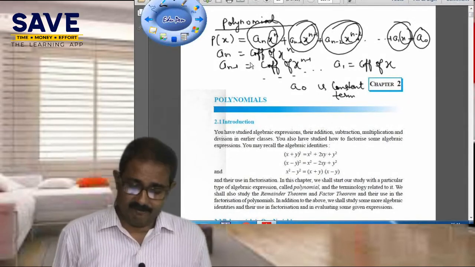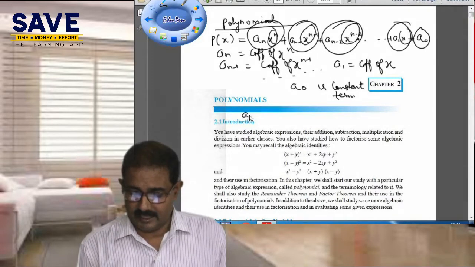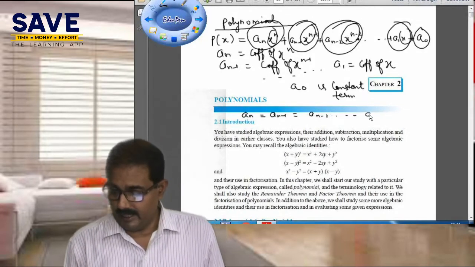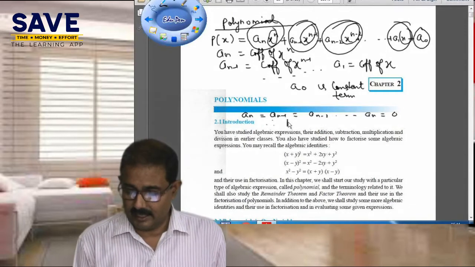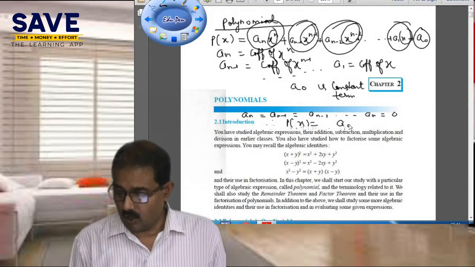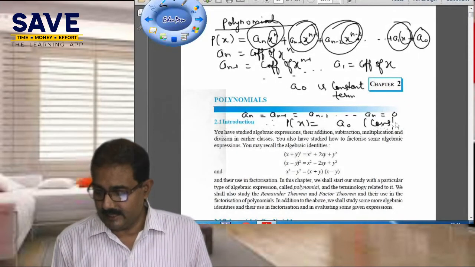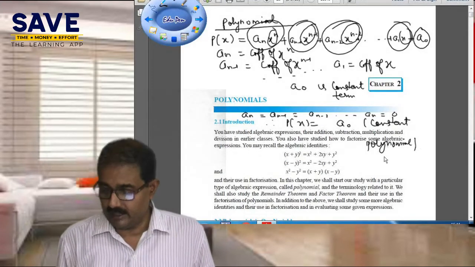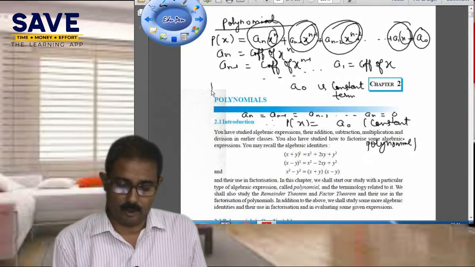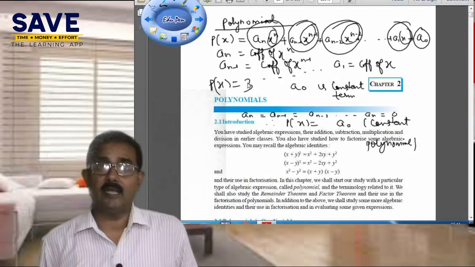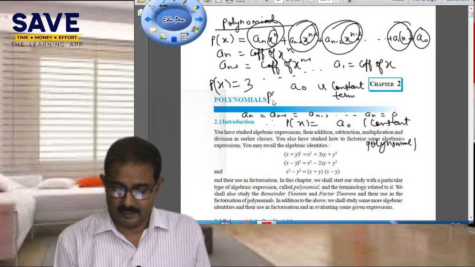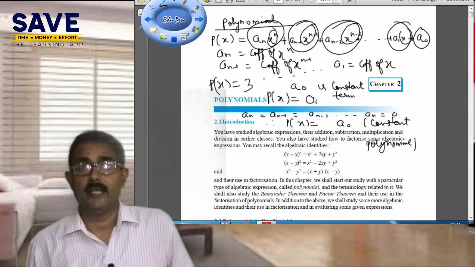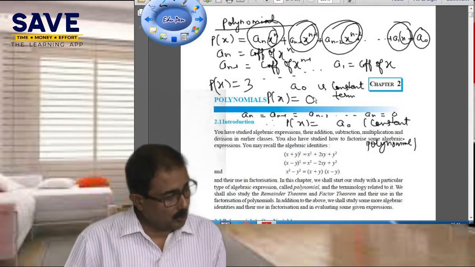Now after that, if all these constants, that is an minus 1, an minus 2 up to an, are 0, then in this case px will be a0, which is known as the constant polynomial. कांस्टेंट पॉलिनोमियल, जिसमें कोई वेरिएबल नहीं होता है, उस पॉलिनोमियल को कांस्टेंट पॉलिनोमियल बोलते हैं. जैसे px इज इक्वल टू 3, ये कांस्टेंट पॉलिनोमियल है. px इज इक्वल टू 0, ये भी एक कांस्टेंट पॉलिनोमियल है जहाँ पर कांस्टेंट 0 है. So this is the zero polynomial.